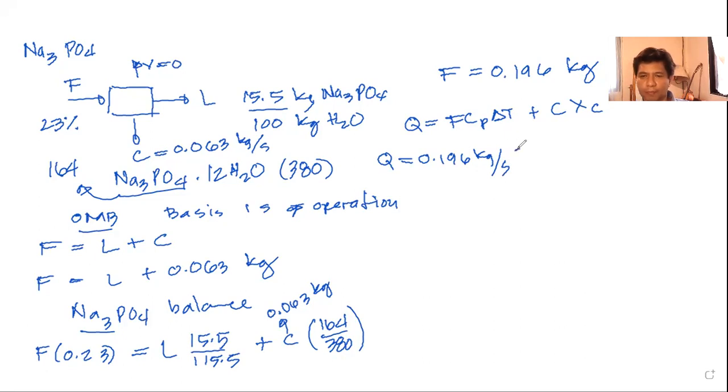Multiply it by Cp F, 3.2 kilojoules per kilogram Kelvin. Then delta T, right? We cooled from 313 down to 298. Right? So that's the given in the problem.